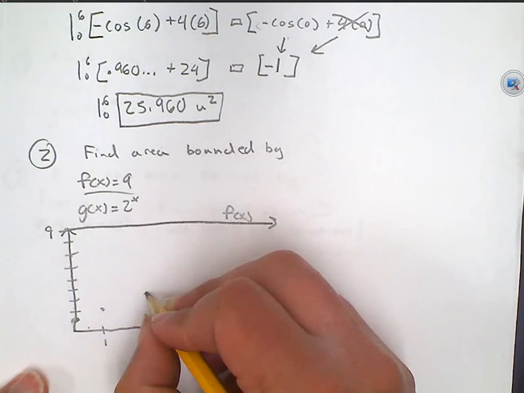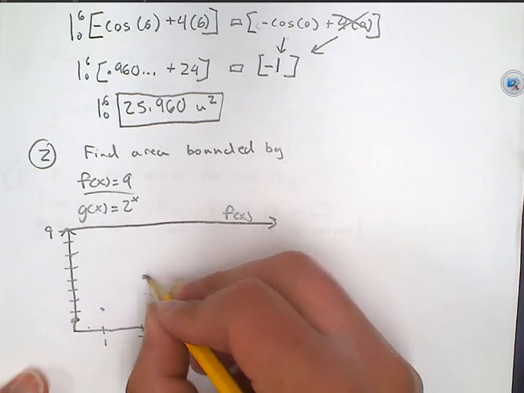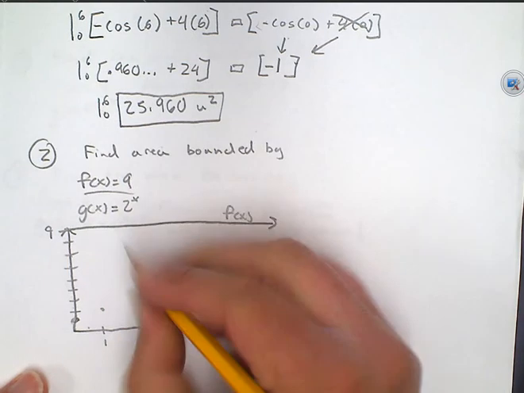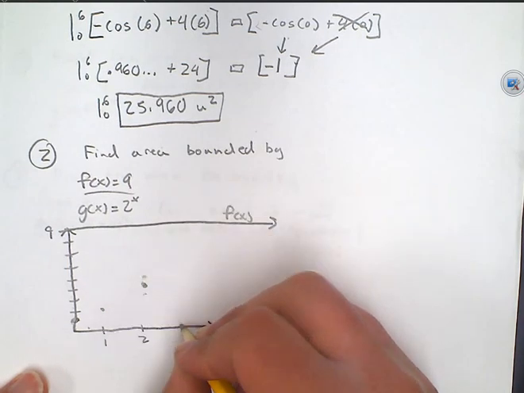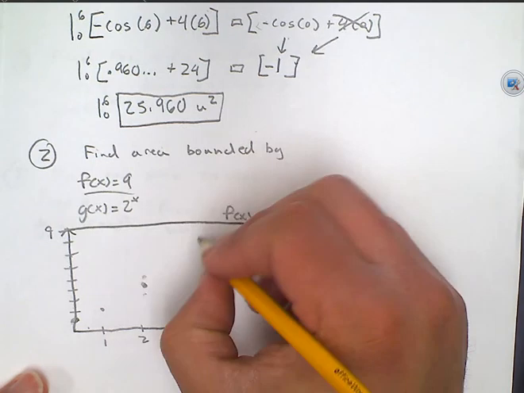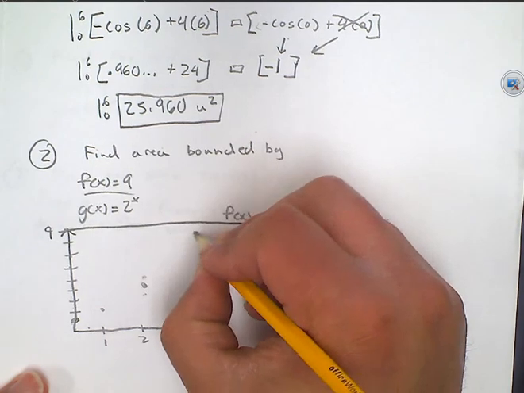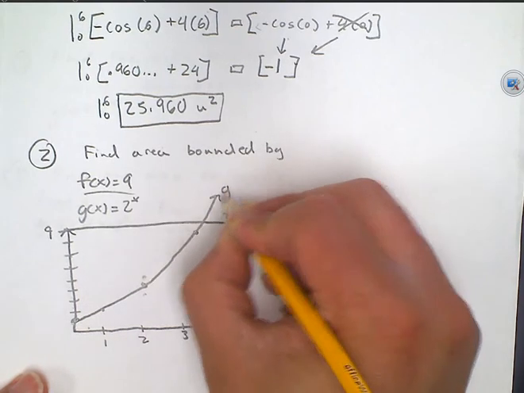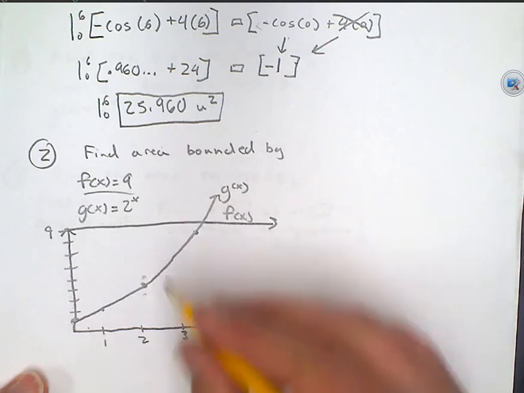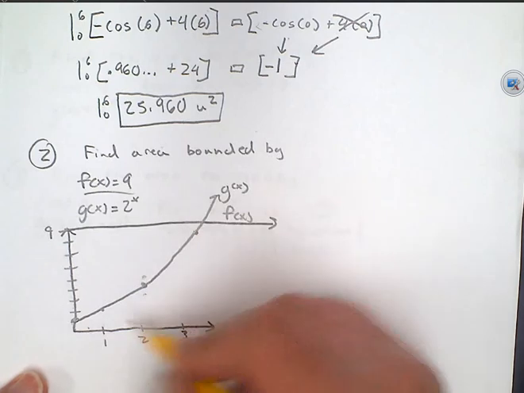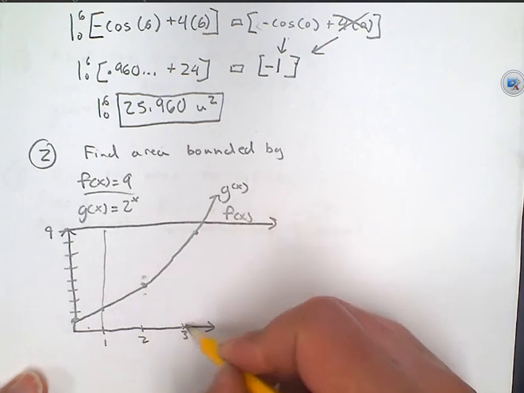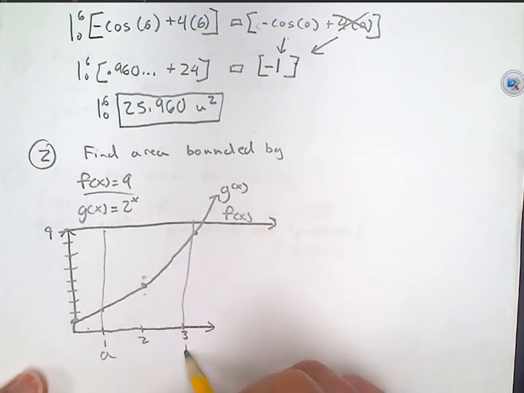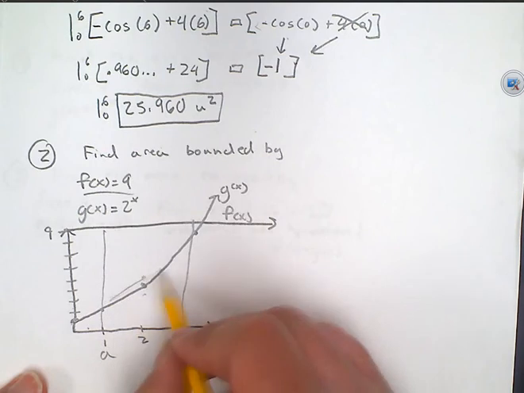Plug in 2, I get 4. Plug in 3, I get 8. So it goes like that. G of x right there. Okay. So here's 1 to 3. A, B, that's 1 to 3. So I'm finding this area.